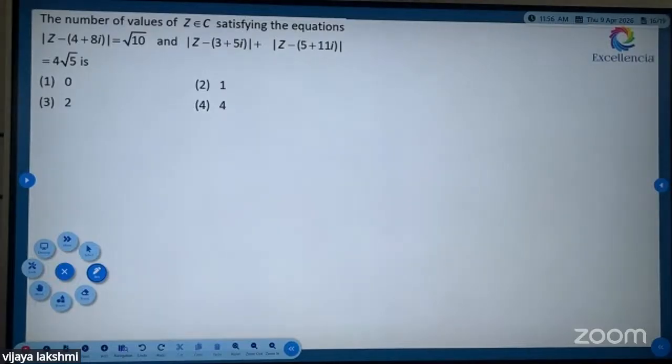The number of values of z belonging to C satisfying the equation modulus z minus 2 plus a by equal to root delta a.